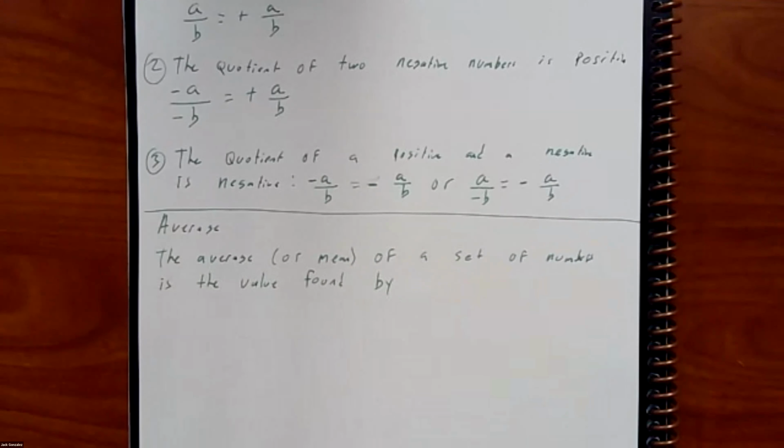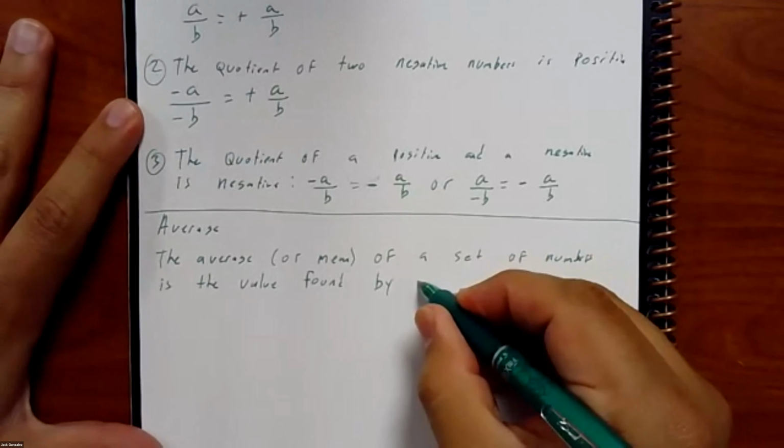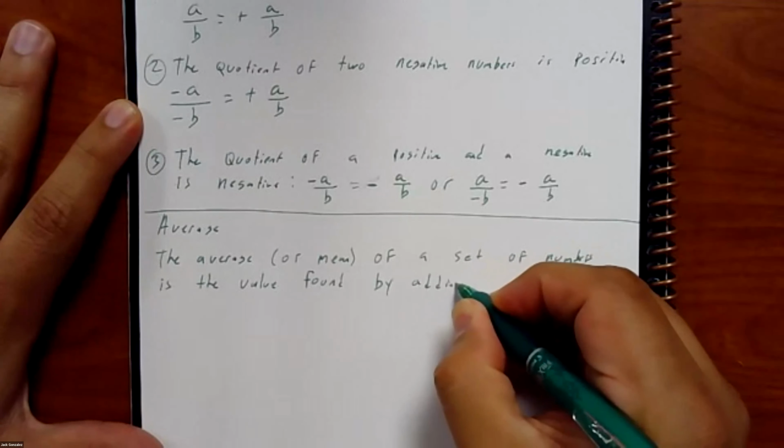Do you guys remember how to find averages? Like last week? Yeah, how do you find it? Usually I divide by however many times. 3,000 divided by 10, and that'll give me an average.